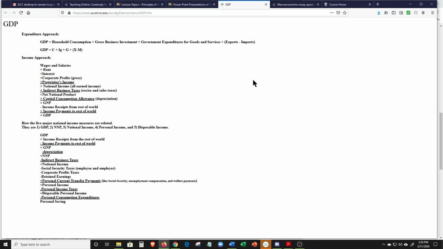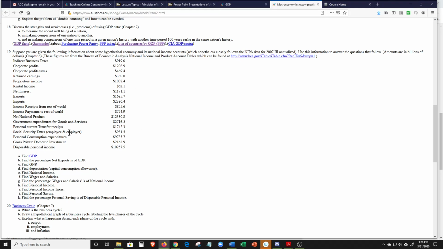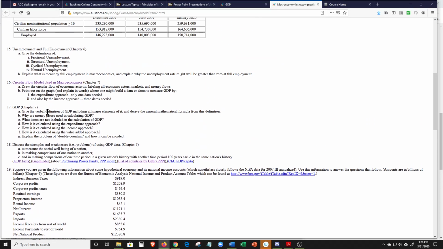So just to review, this question 19 is asking you to figure GDP. And up here in 17, we saw that we could figure that out in 2 ways, by using the expenditure approach or by using the income approach.